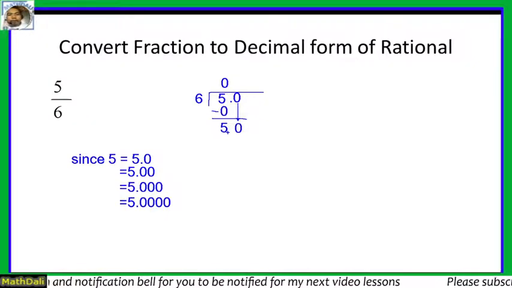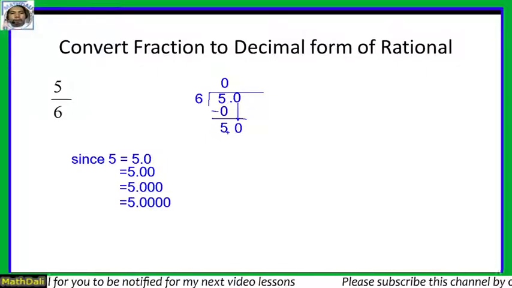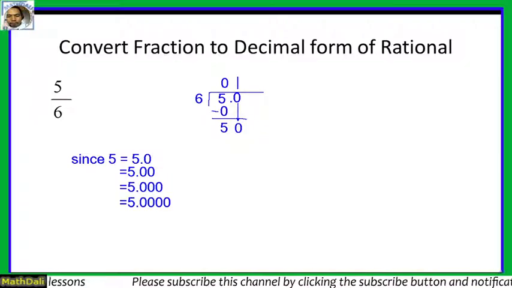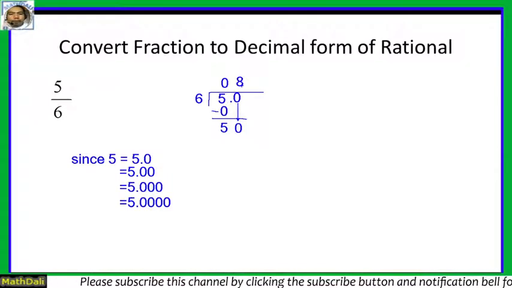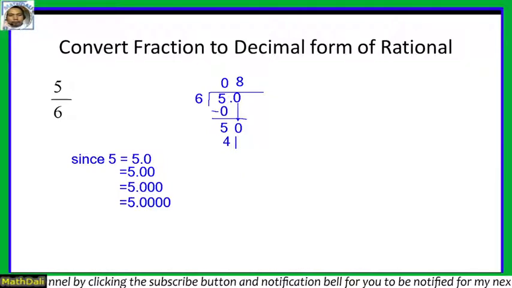Okay, so ito na yung magiging bagong dividend natin. So 50 divide natin sa 6, that will be equal to 8. So 8 multiplied by 6, that is equal to 48. So ayan, lagay lang natin dito, 48.